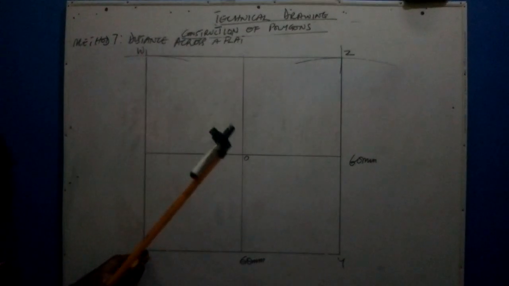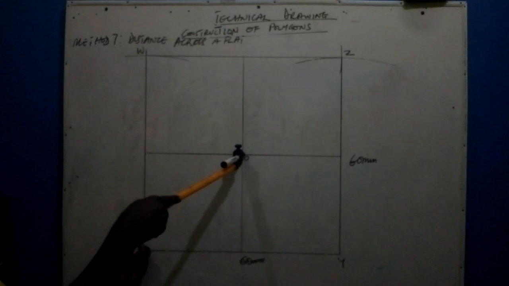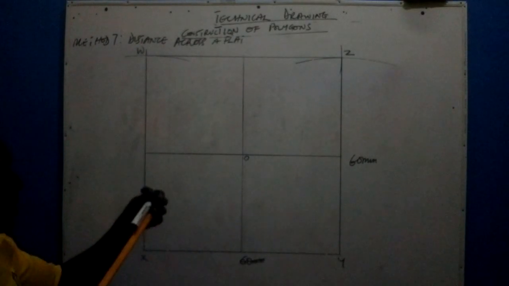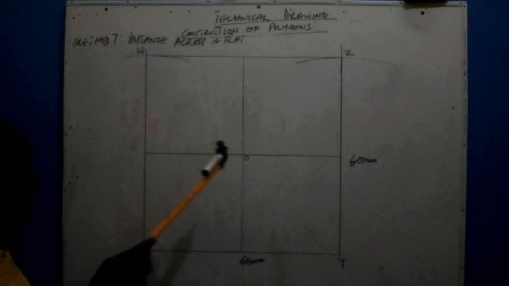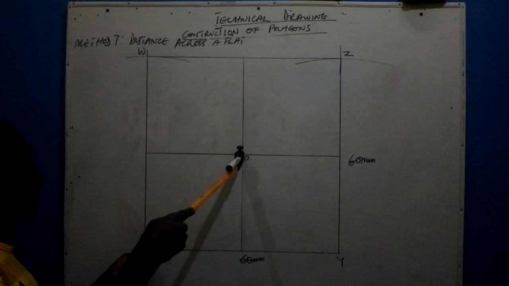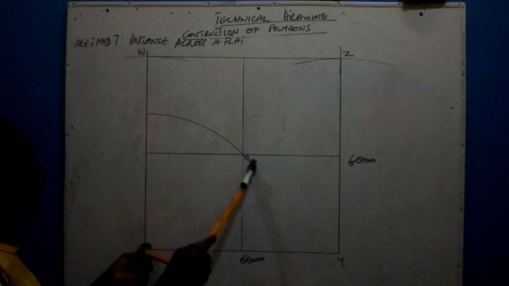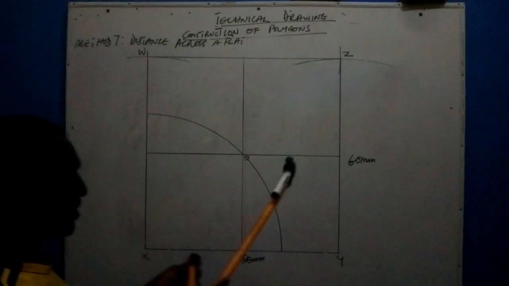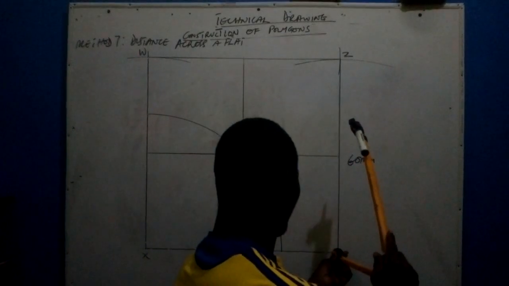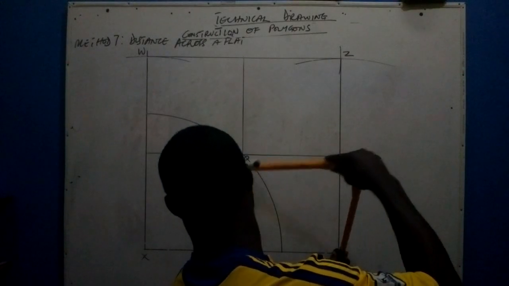I will stand on X, then open to the point O. Then I'll construct an arc to pass through. And I'll do the same thing at point Y, passing through the center.